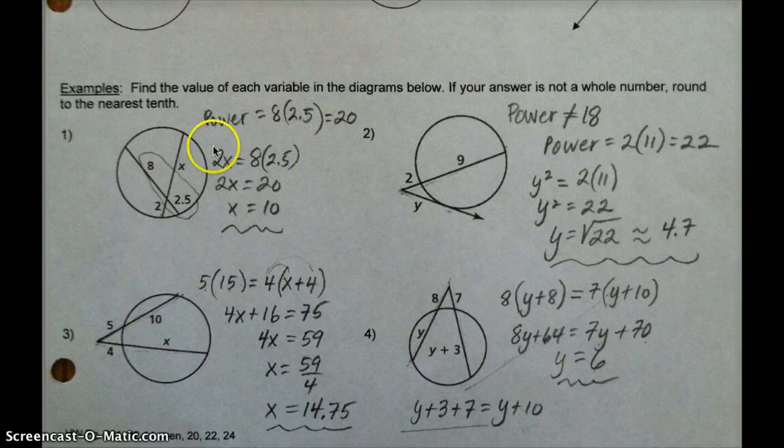So we know that the power of this point is 8 times 2.5, that's 20. So 2 times x equals 20. If we divide by 2, x equals 10. So now if we multiply 8 by 2.5, we get 20. And if we multiply 2 times 10, we get 20. So the power of this point is always going to be 20.